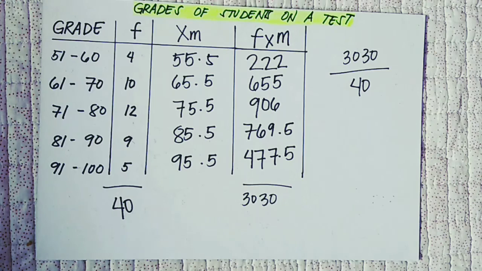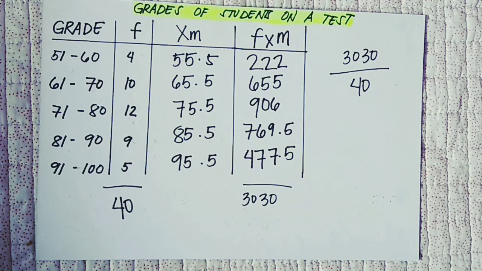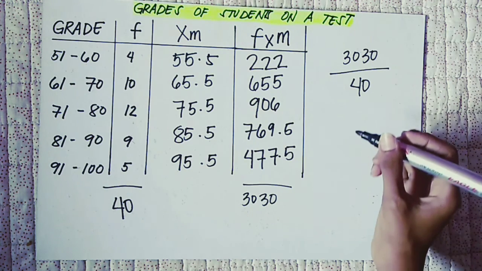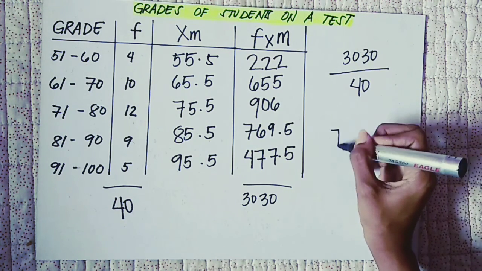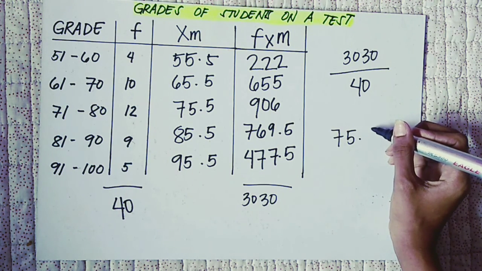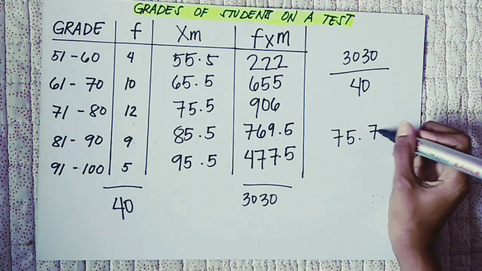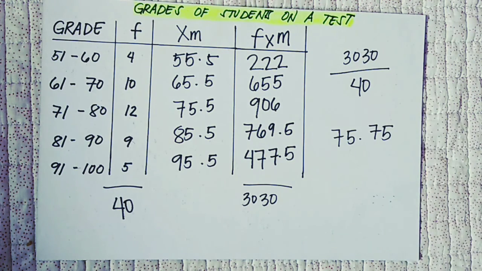So if we take 3030 divided by 40, we get a mean value of 75.75. And that makes sense, since most students had a grade between 71 to 80 on a test. So 75.75 is the mean of the grade of students in this class.